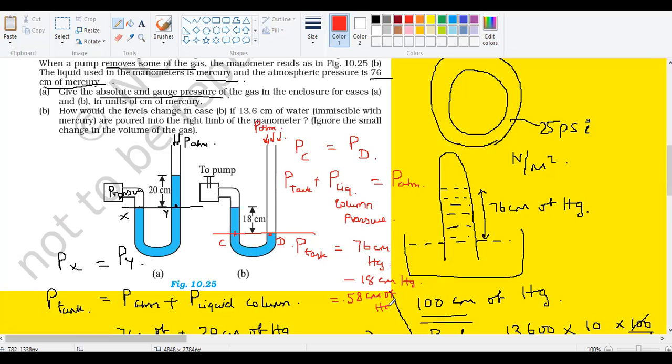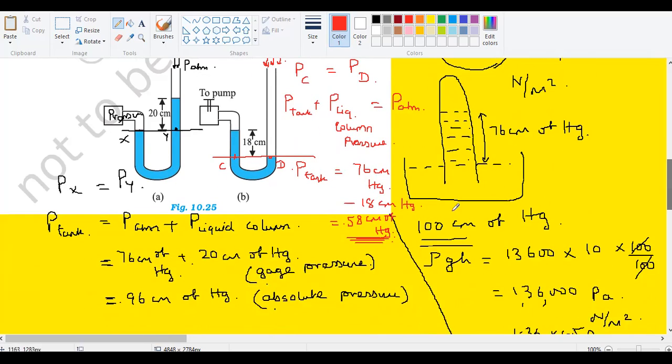So can anyone tell me whether this is absolute pressure or gauge pressure? No, this is actually absolute pressure, because you have taken care of the atmospheric pressure also. So since atmospheric pressure is also taken care of here, you have to say it is absolute pressure. Take it down properly. This is absolute pressure.